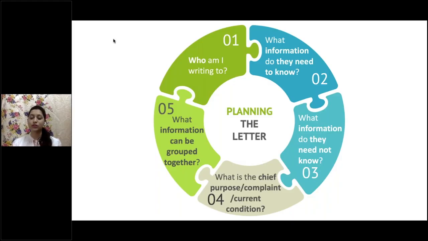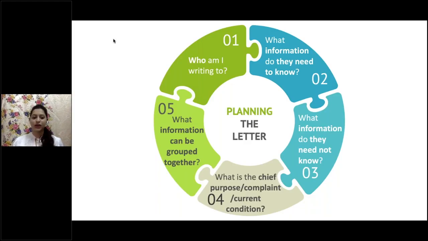For example, if it's to a specialist, you cannot not mention the important topics, their present complaints, or what they need to look for. What information do they need to know? What information do they not need to know?